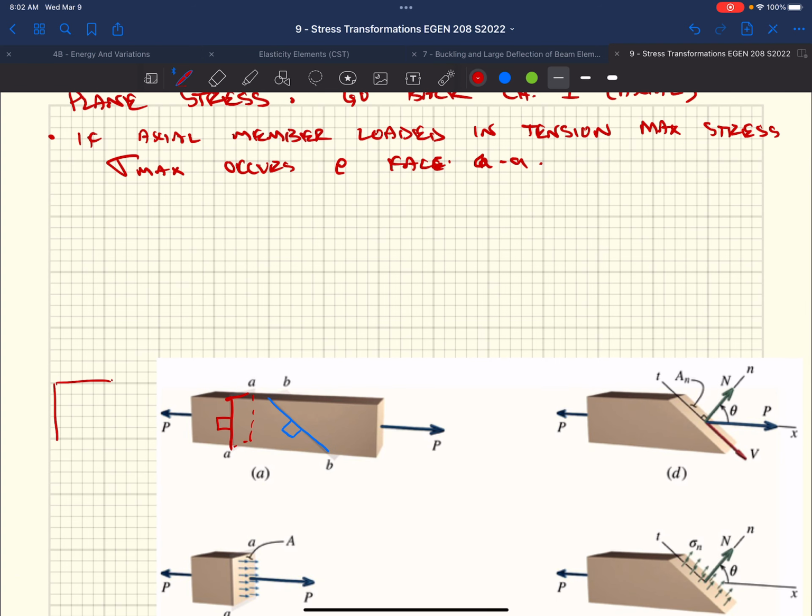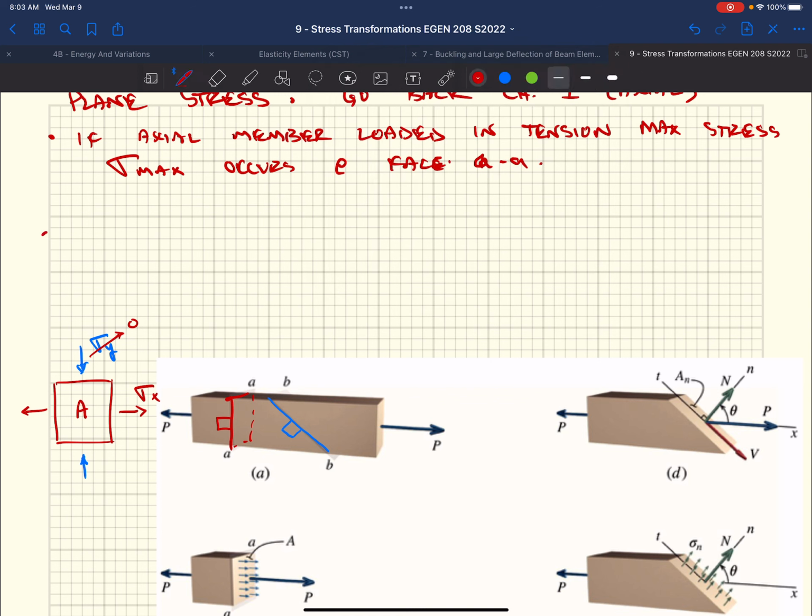If we were looking at A, we had sigma X. Sigma Y, well, in this case, sigma Y was 0, right? If we looked at a block that was oriented perpendicular, we don't get any stresses up and down. There's no forces in that direction. All of our forces are along the x-axis. So we got 0.